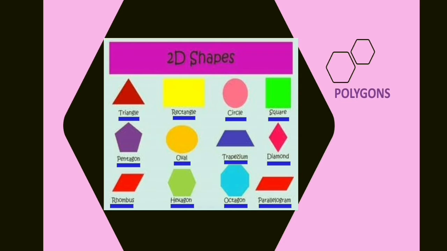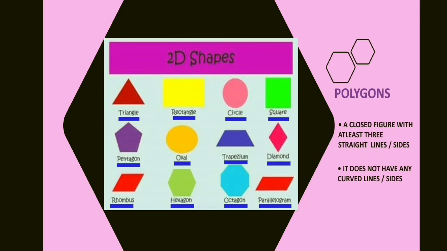So we have another term, polygons. What are polygons? Polygons are closed figures with at least 3 straight lines or sides. So the figure should be closed and it should contain at least 3 straight lines, or we can say sides. Fine. So it does not have any curved lines or sides.